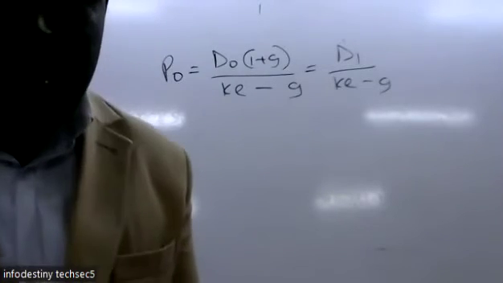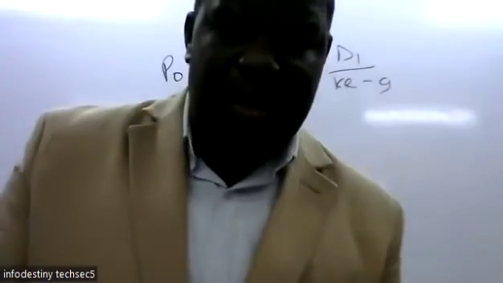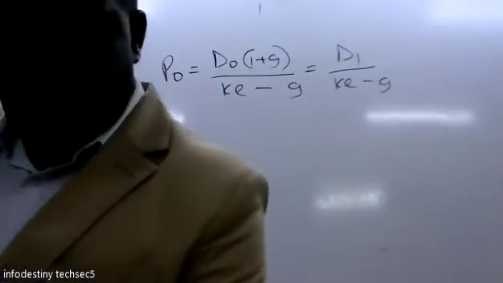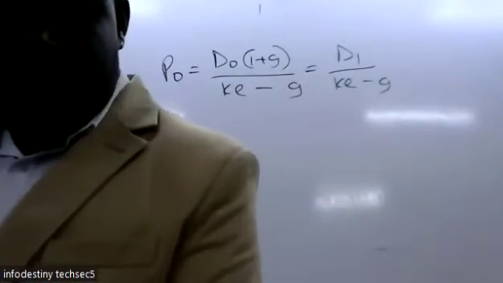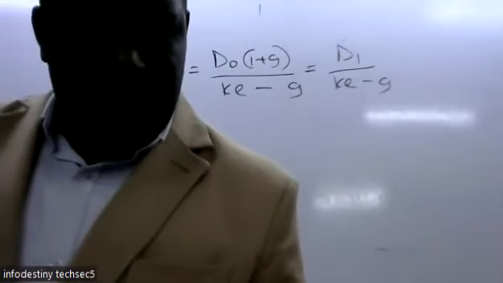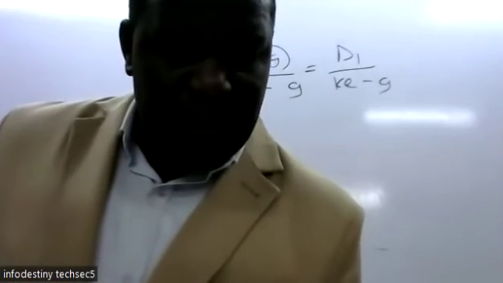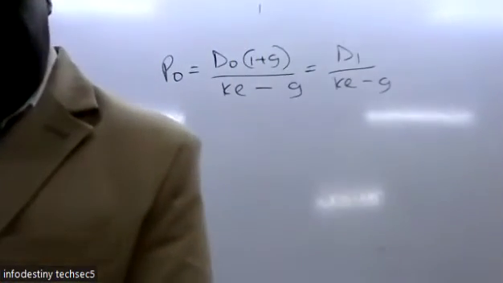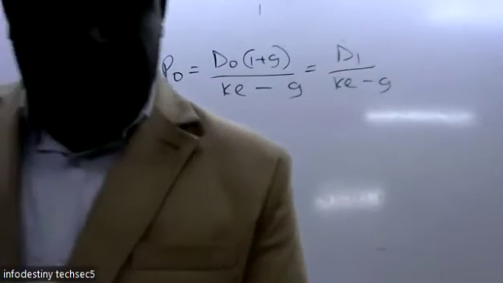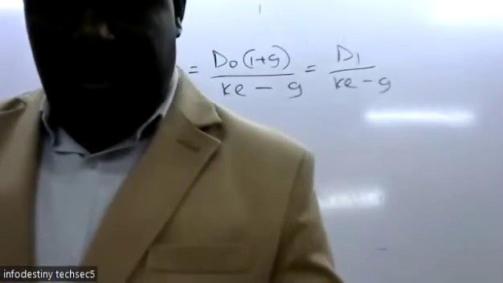Then we can also go to B, the non-constant dividend growth rate ordinary share.